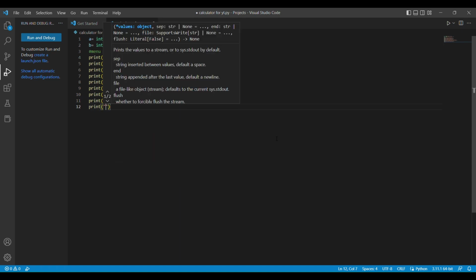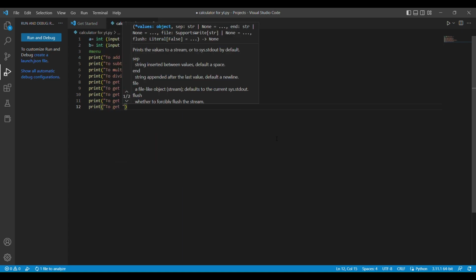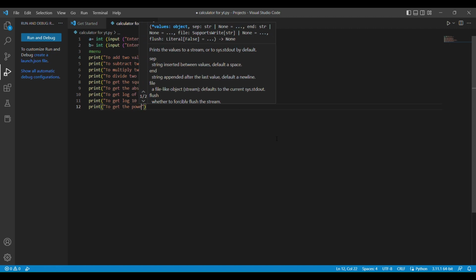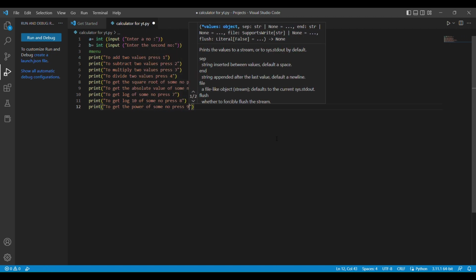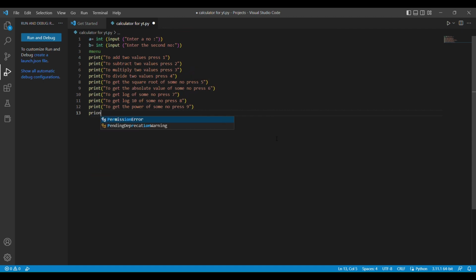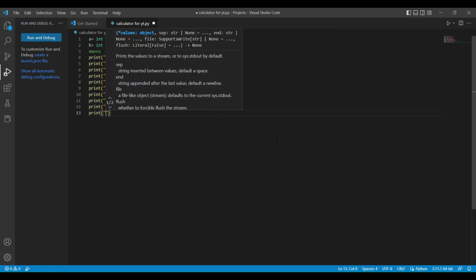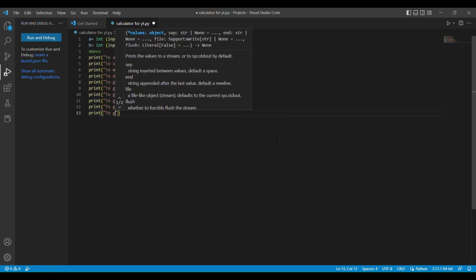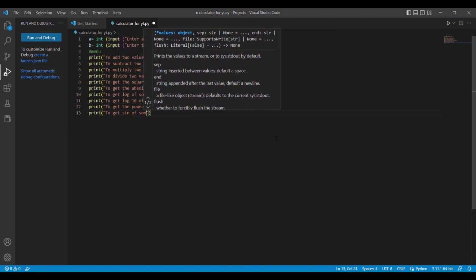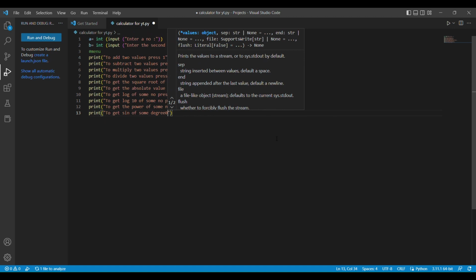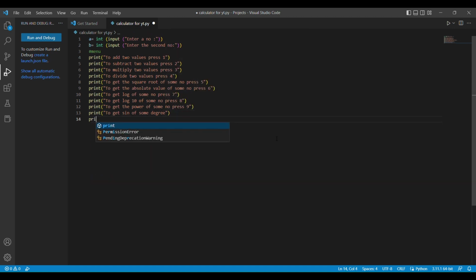Print to get the power of some number. Press 9. Print to get the sine of some number, of some degree.